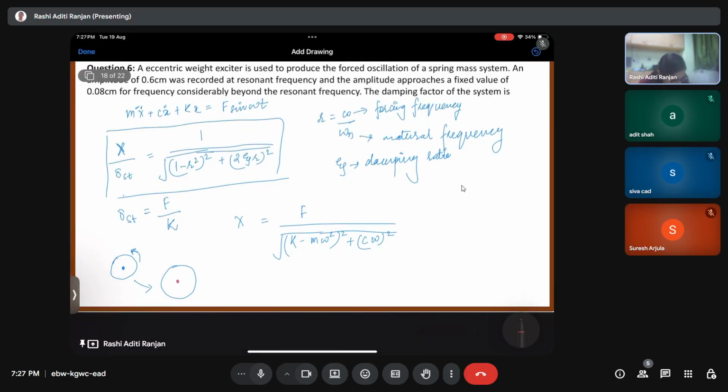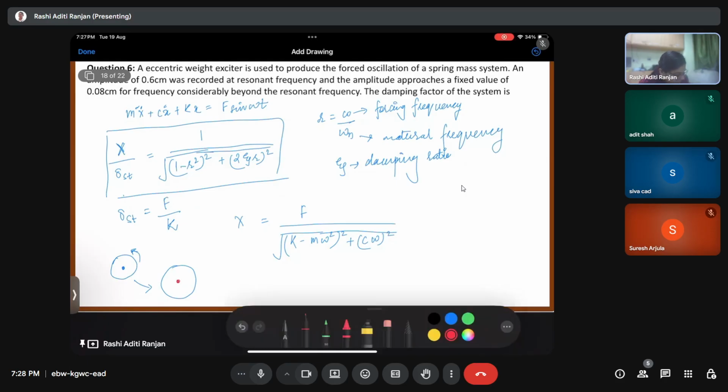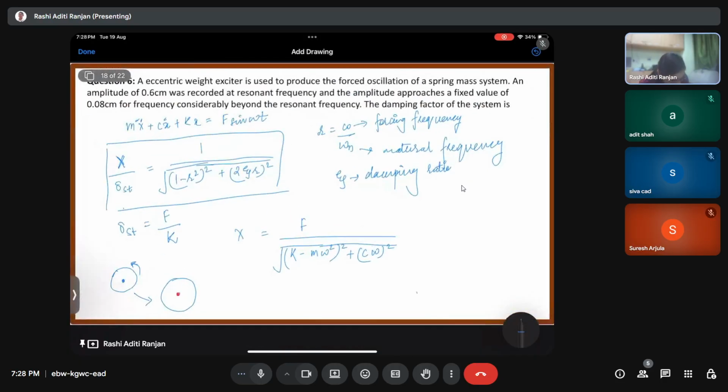So this is the center, and then we mount it from here. And this is E. This E is the eccentricity. Now because of this, if the system is rotating with respect to this blue dot, what is going to happen?